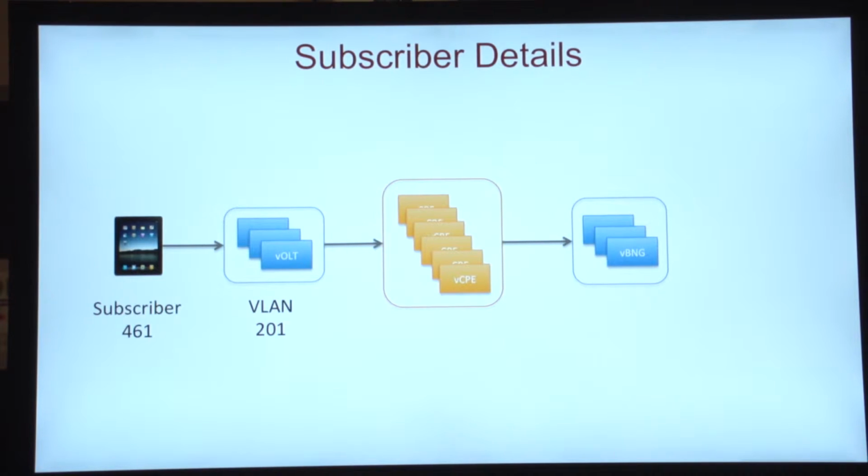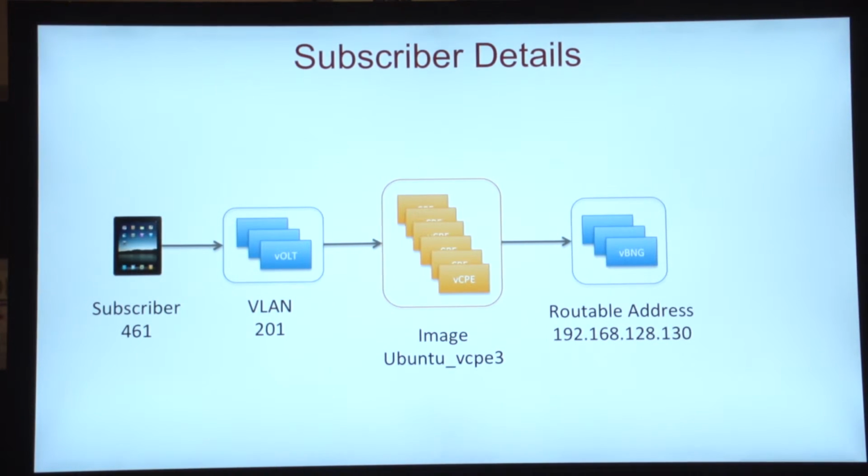That gives us the set of services he has, which might be IPTV or an internet connection at a certain rate, and we provision the network with this information. We then spin up a virtual CPE, and we allocate a virtual CPE with a routable IP address that allows them to go out onto the internet. This area here gives us a layer of indirection where we can insert services dynamically. And that's pretty new and wonderful and exciting.